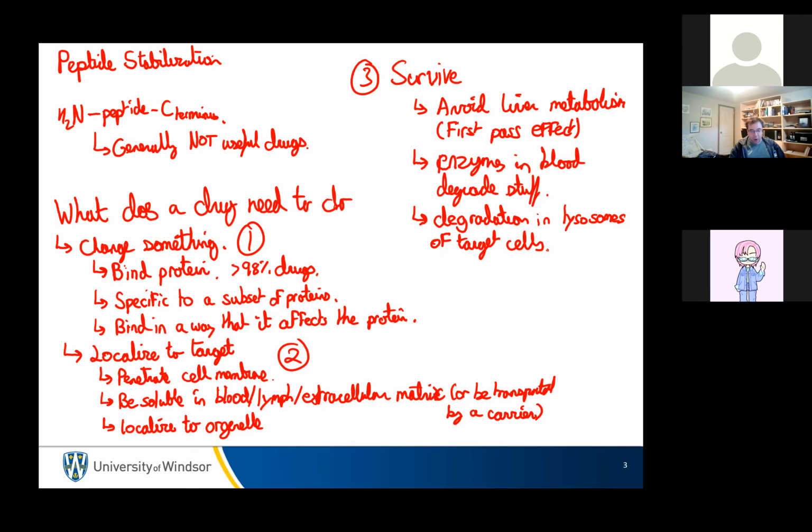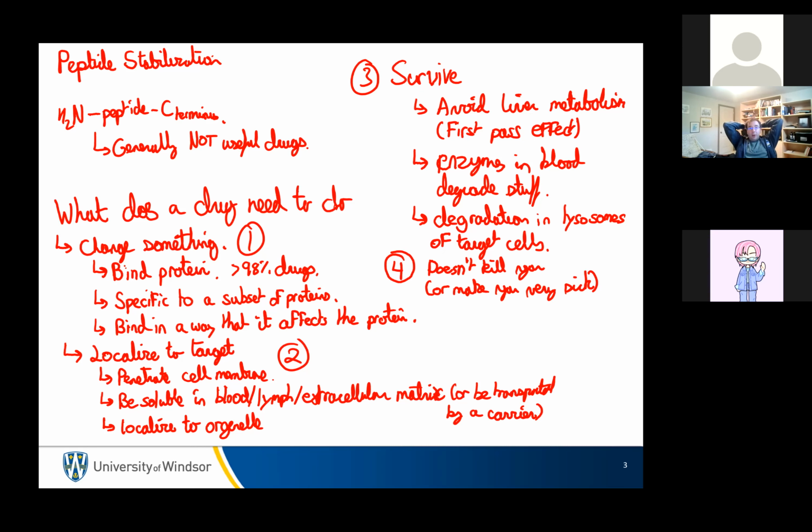You could add a fourth requirement, depending how you want to define requirement number one. Doesn't kill you. Or make you very sick. I'm going to put the second one in brackets because we do have lots of drugs that make you very sick that we're pretty happy with.